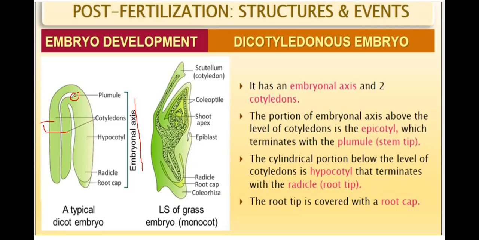The cylindrical portion below the level of the cotyledons, this whole area, is called the hypocotyl. That terminates into the radicle, and the radicle is supported by the root cap.